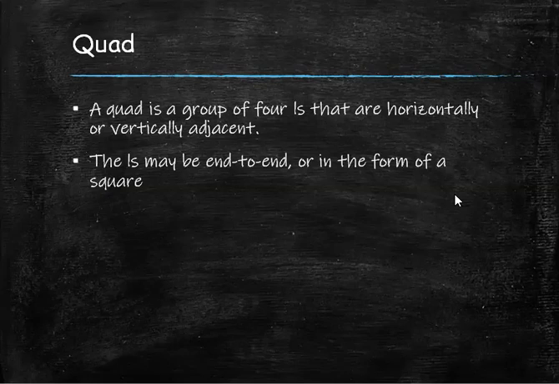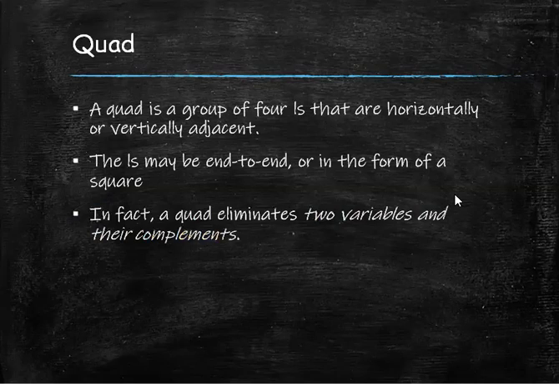The quad may be a group in a row or in the form of a square. And we see that a quad eliminates two variables and their complements.